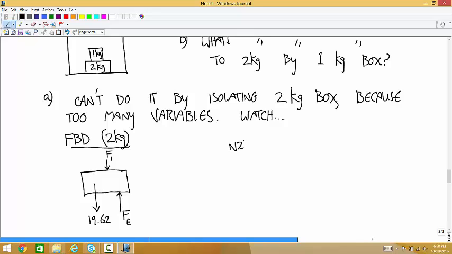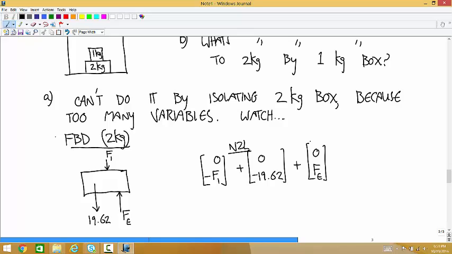Okay, so Newton's second law says, well, that F1 is in the negative y direction, so 0, negative F1, plus 0, negative 19.62, plus Fe is in the positive y direction, so 0, Fe, is equal to the mass of the chosen object, 2, times the acceleration.